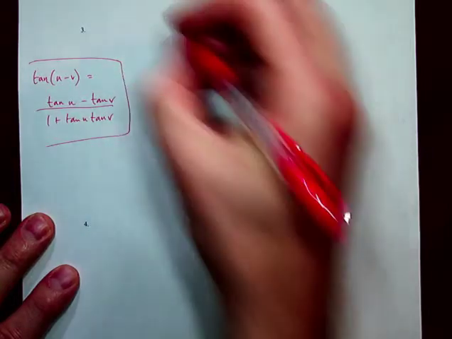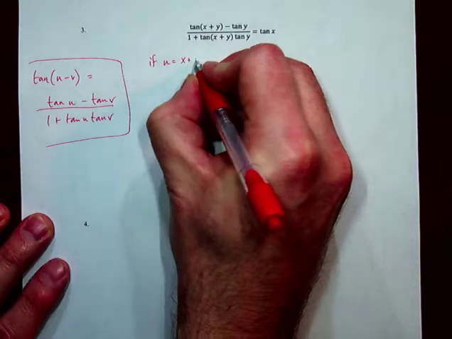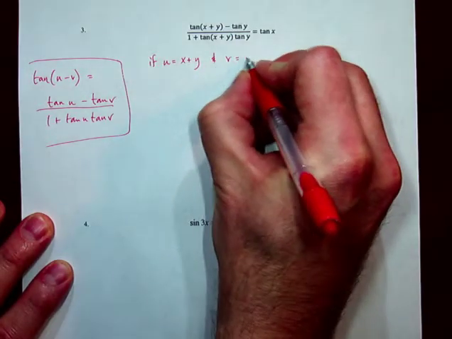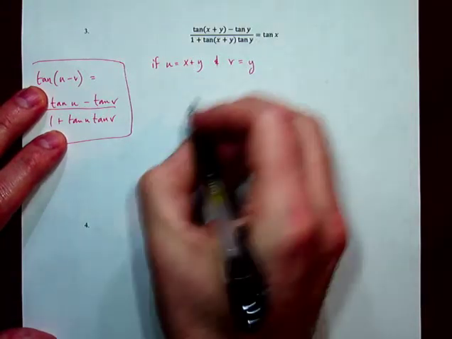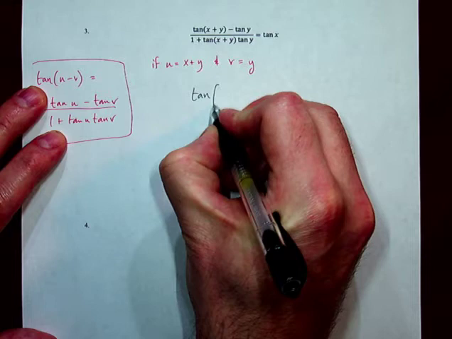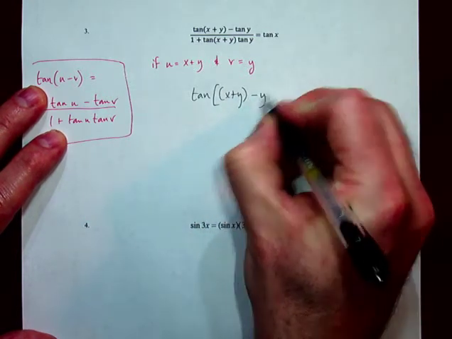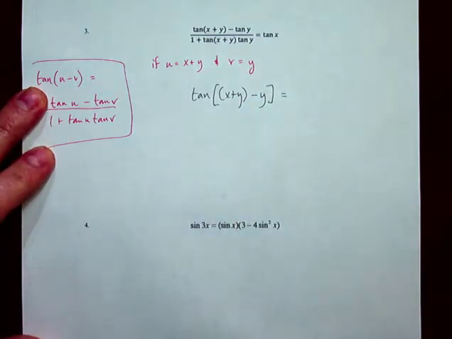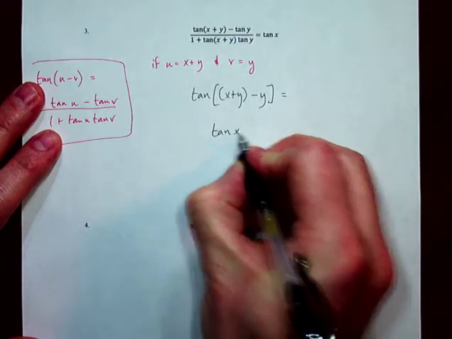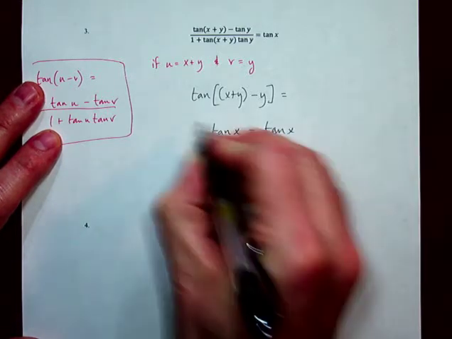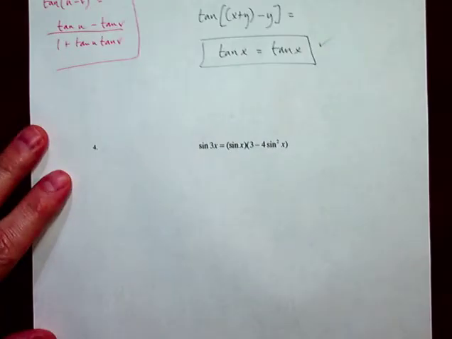And basically what I'm saying is that if u is equal to x plus y and v is equal to y, then this totally becomes tangent of u minus v. And of course, that angle measurement expression simplifies to x. Ta-da! Yeah. And that's really, really frustrating.